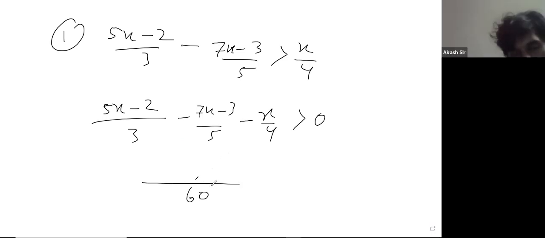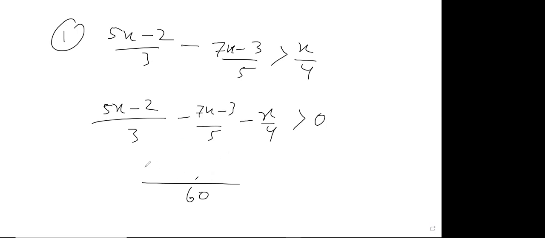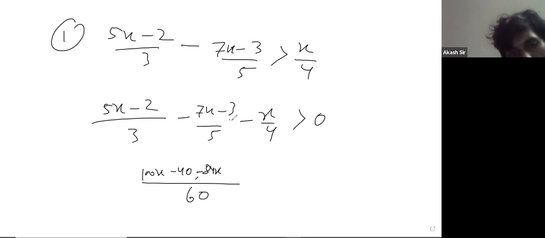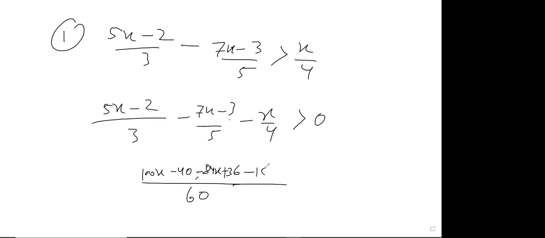Then it becomes 100x minus 40 minus 84x plus 36 minus 15x. Plus 36, yes. Minus 15x. So I simplified that and took 60 to the other side.